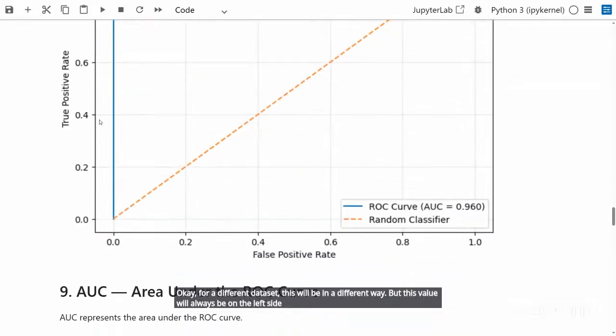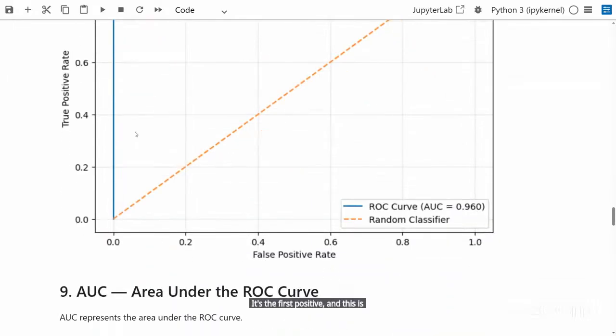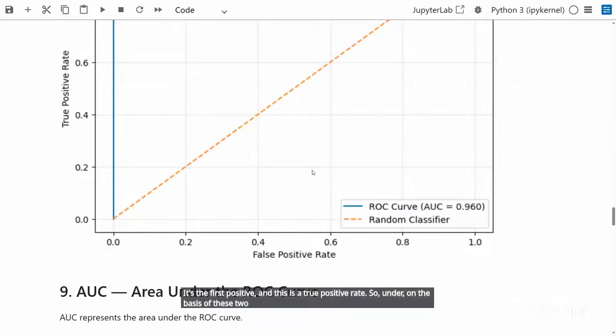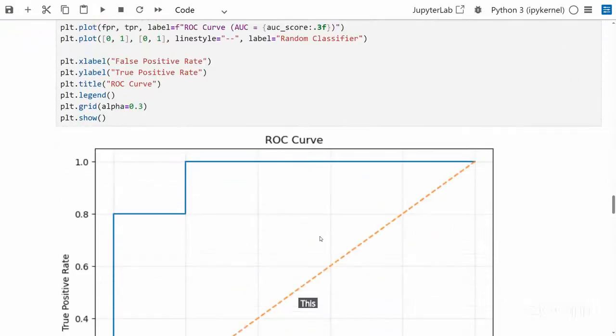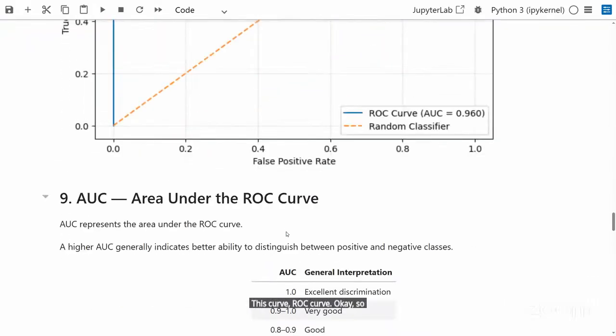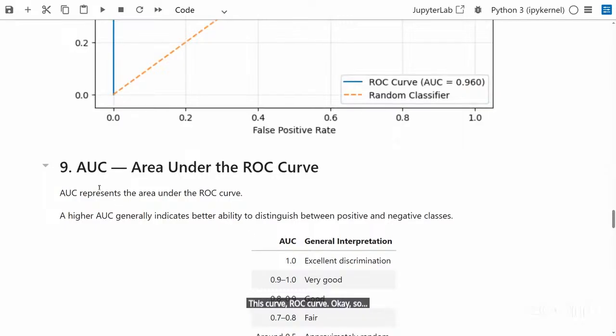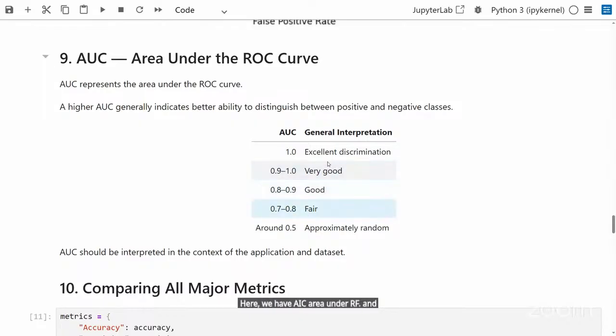This is the false positive rate, and this is the true positive rate. So on the basis of these two values, we can have this ROC curve. Okay, so here we have AUC, area under the ROC curve, and these values, as we discussed, one is excellent, 0.9 to 1, very good.